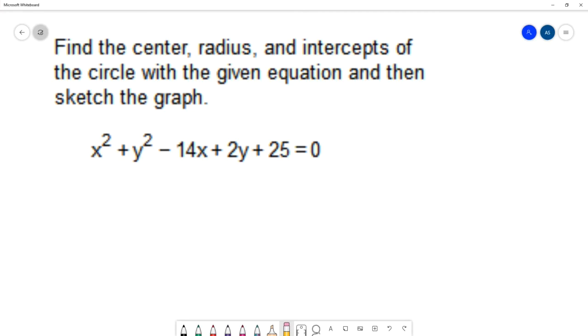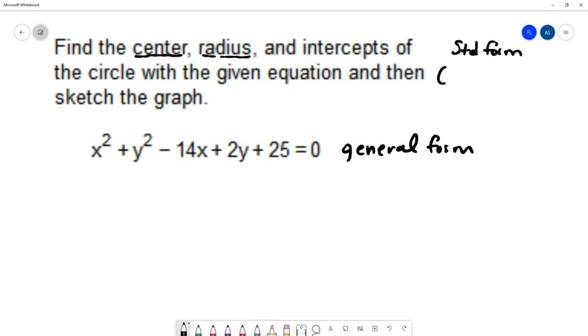This equation is written in the general form of a circle. And what's more convenient for us to find the center and the radius is if the equation is in standard form.